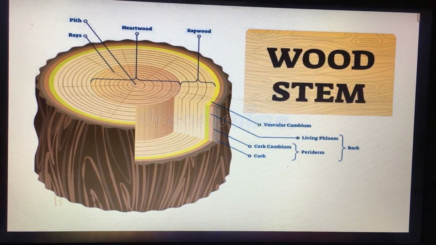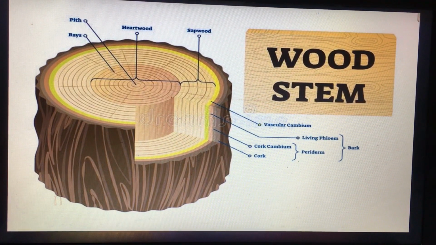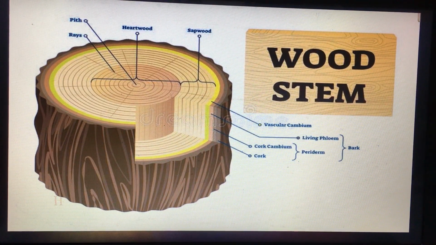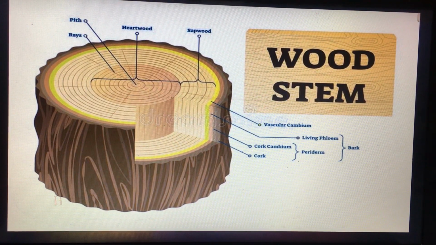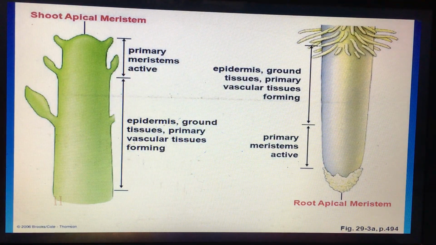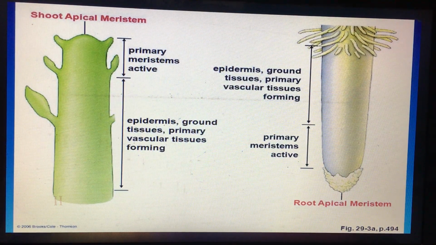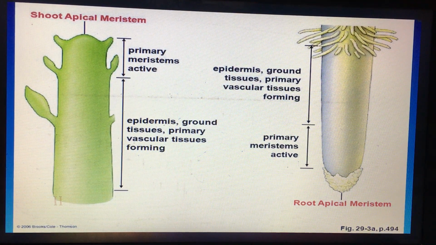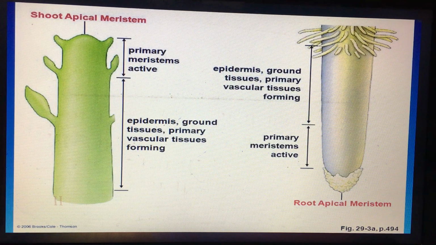So when cambium cells divide, that will increase the size of the plant, so the plant gets thicker. And also at the tips of shoots and roots, we have something called meristems. Those meristems increase the length of the shoots or roots.